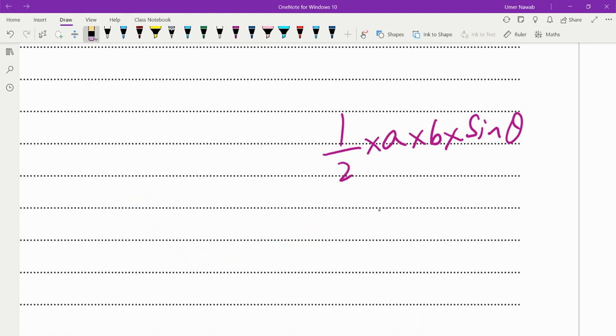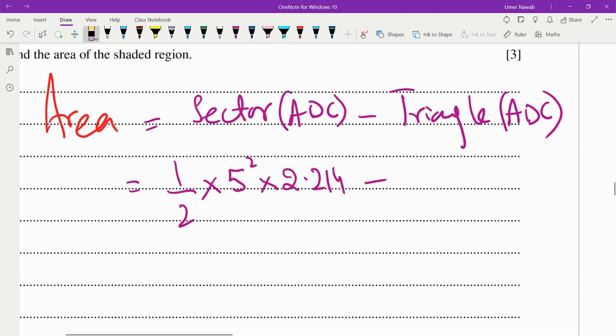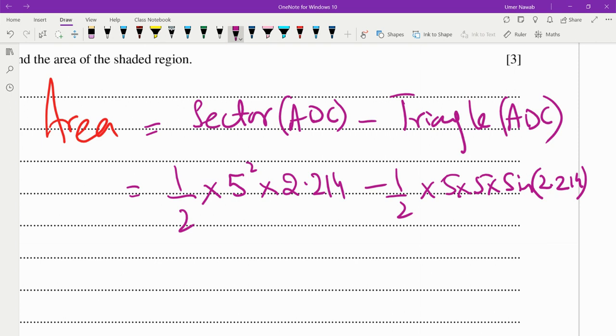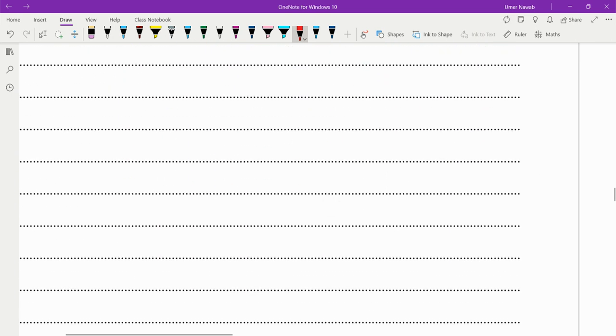You should also know this, but it is not given in MF19. So I write half times first arm radius, then sine of 2.214. Again, a caution for you, please check that you have R seen on the display of your calculator, meaning your calculator is in radian mode. Then your answer will become 17.7 centimeters squared to 3 significant figures.